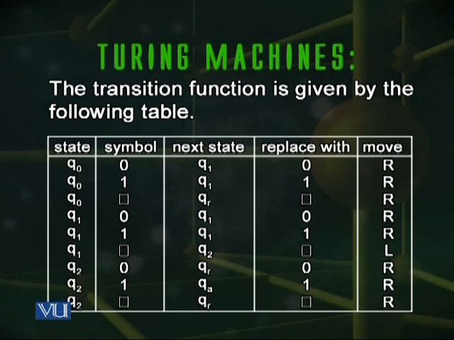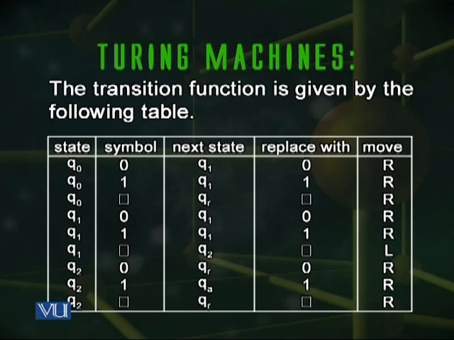If the machine is in state Q0 and reads a blank, it goes into the reject state and moves to the right. If the machine is in Q1 and it reads a 0 or 1, it does not change the symbol and moves to the right and stays in the state Q1.